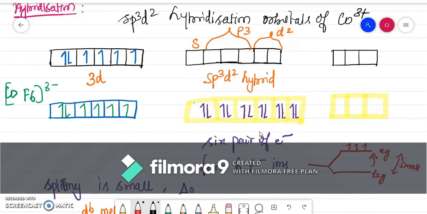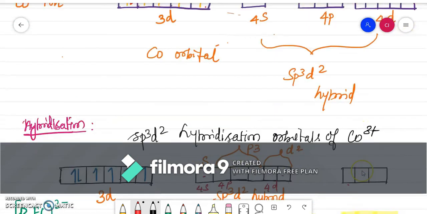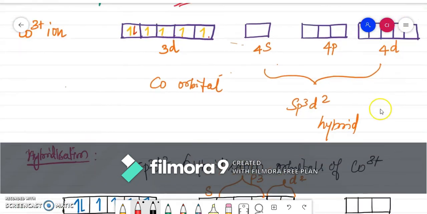How did we get this particular shell? Because here this is 4s. After that, you should write this is 4p. So this is 4d. That only we got these 2 orbitals of d2, these 3 orbitals of p3, and this is 4s, as you know earlier. See this picture.